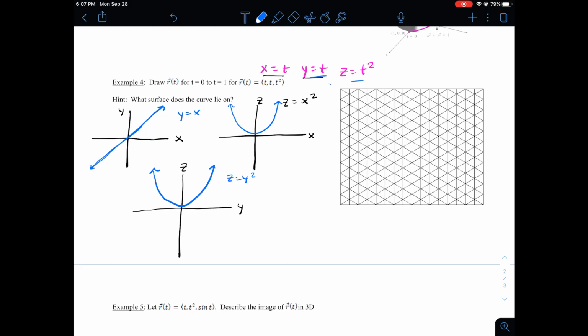So if I look at the xz plane, I see a parabola. If I look at the yz plane, I see another parabola. That means if the xy plane served as my eye level, I would be seeing a whole lot of parabolas.